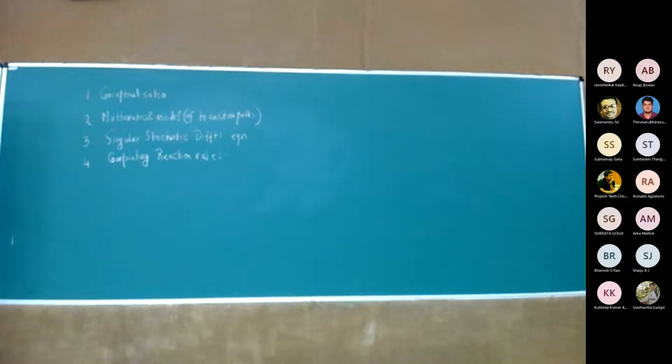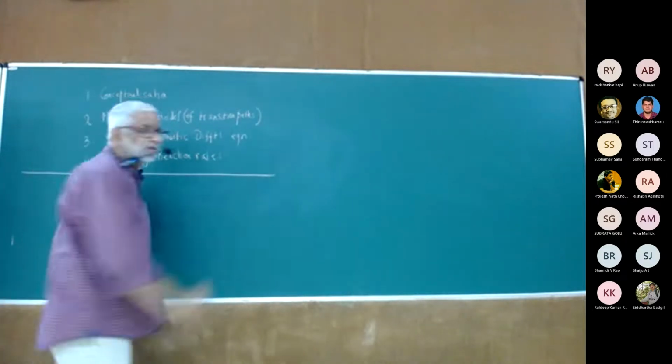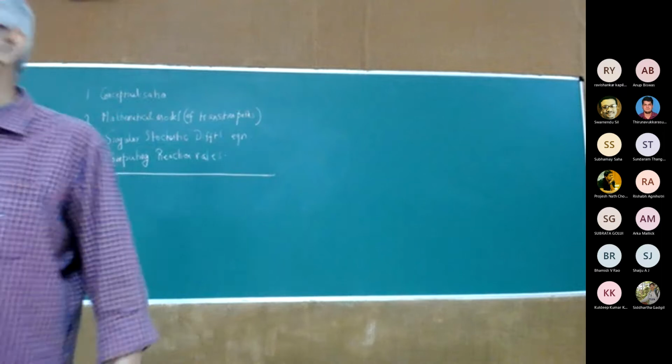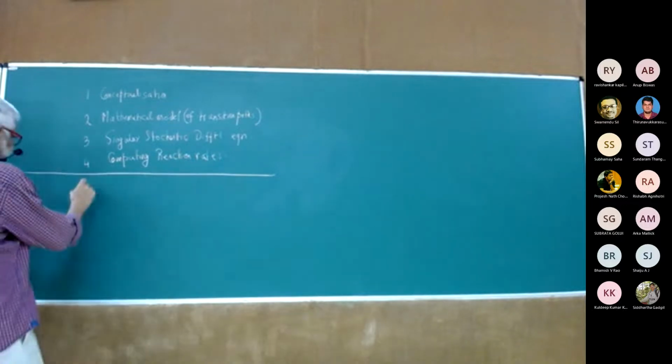So conceptualization. This is basically about modeling how a chemical reaction takes place. Your state space, you're basically tracking the trajectory of a molecule, let us say. The state is described by certain coordinate systems. And in that state space, there are two regions.